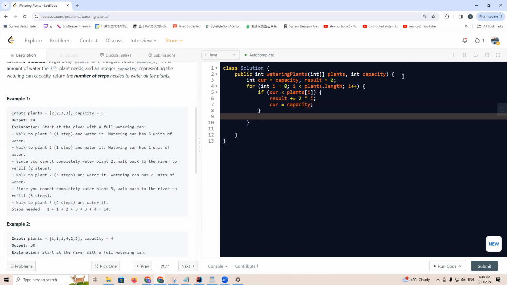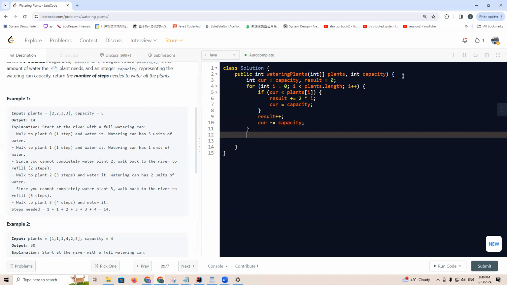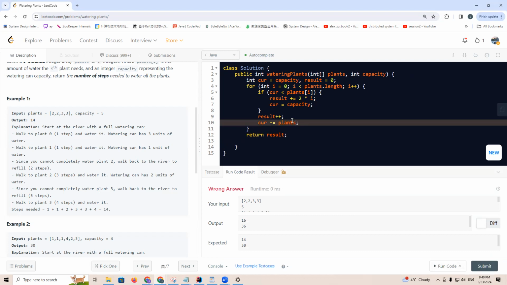And for any case, we need result plus plus and also current minus equals plants I. In the end, we return result.